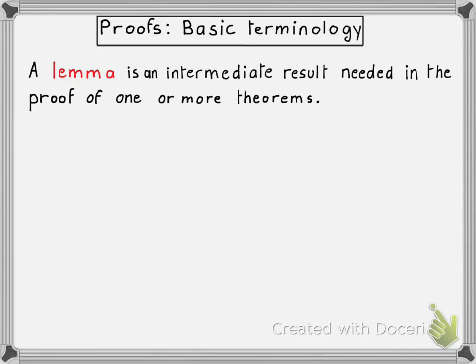But a third way to justify a true proposition or step in a proof is to state that it results from a lemma. And a lemma is another result that you prove before you started your current proof. So in other words, an intermediate result that you need for a later proof.